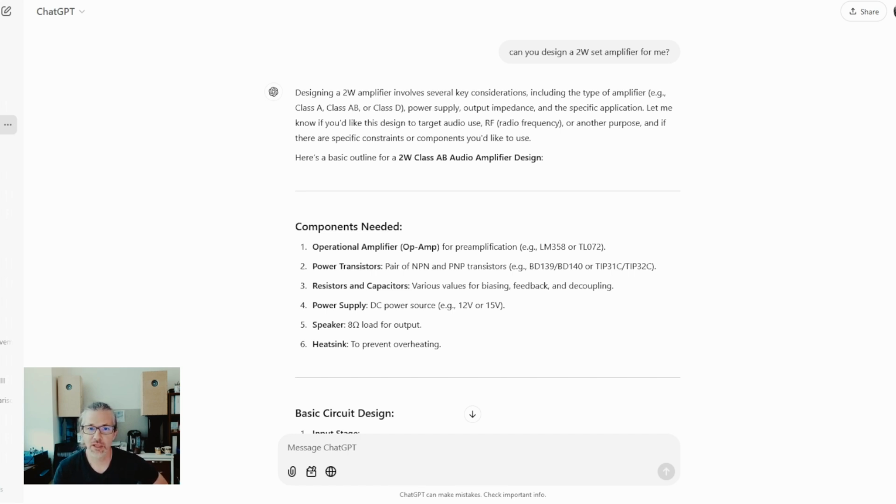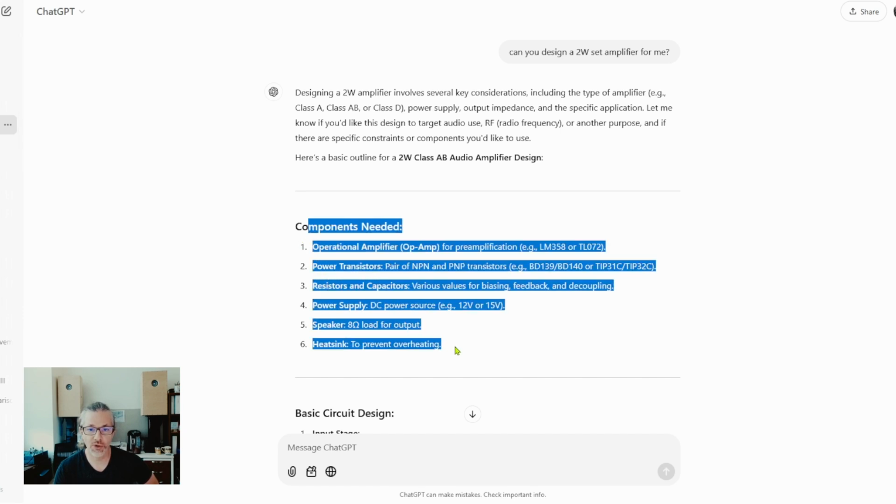Let me know if you'd like to design to target audio use, radio frequency, or other purpose, and if there are specific constraints you'd like to use. So here is a basic outline for a 2-watt Class AB audio amplifier design, and it gave me an idea for components for a solid-state Class AB 2-watt amplifier.